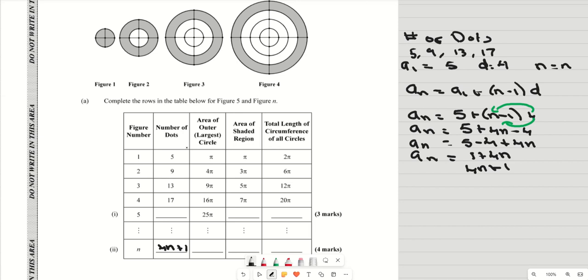And then this one is for the area of the outer largest circle.